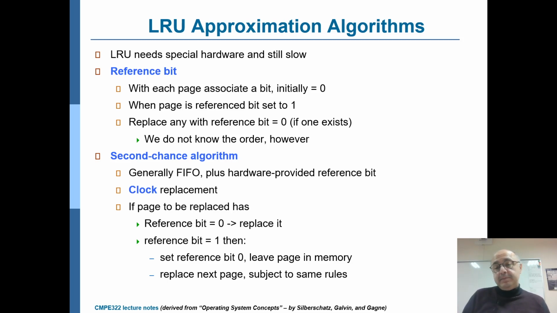But if it has not been accessed until next time I come to the same page, then that means that page is not being used frequently. It was used sometime in the past, but not anymore. So now it can be selected as the victim.